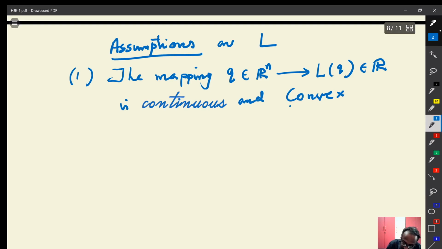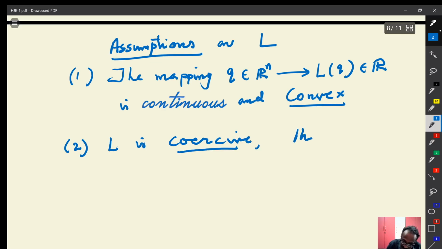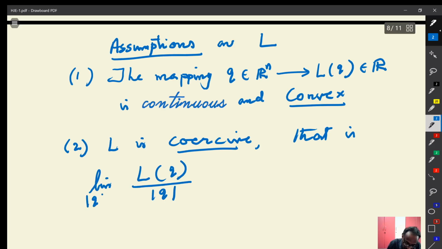So this condition, continuity and convexity, is very important, and the second condition is that L is coercive. This is another thing you have to understand very well: the limit of L of q by mod q, as mod q tends to infinity, is equal to infinity.